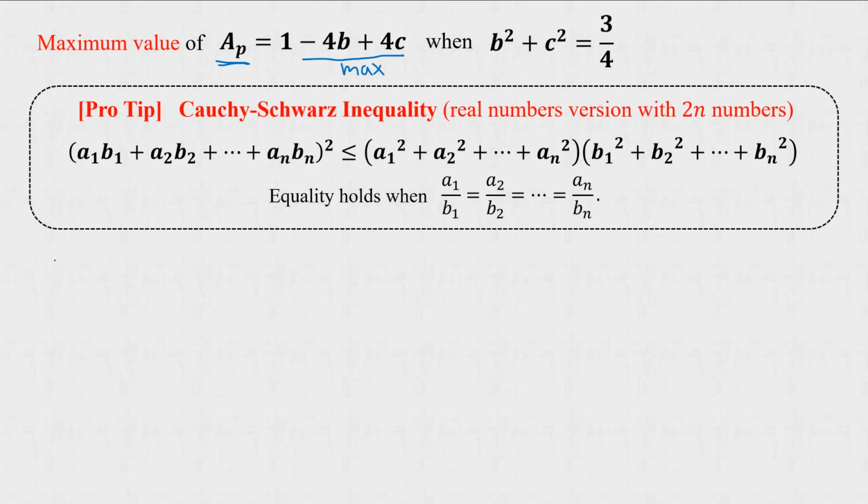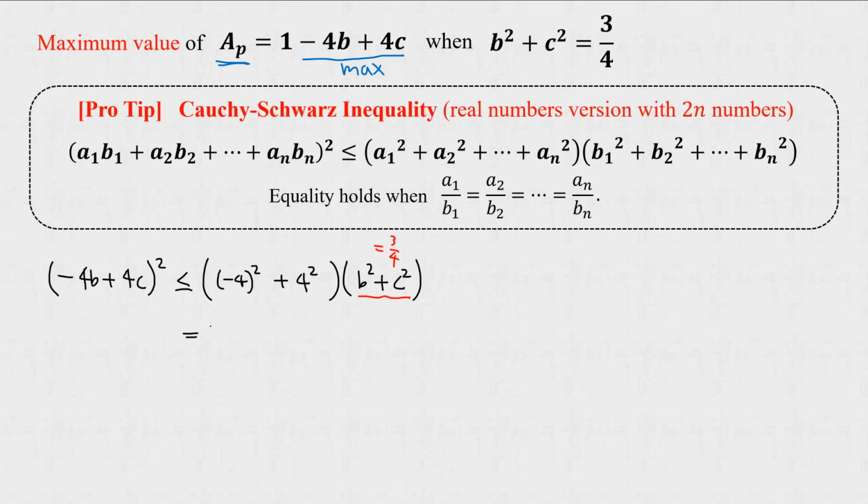So applying Cauchy-Schwarz inequality, (minus 4b plus 4c) squared is less than or equal to (negative 4 squared plus 4 squared) times (b squared plus c squared). And this part is 3/4. So we have 32 times 3/4, which is 24.